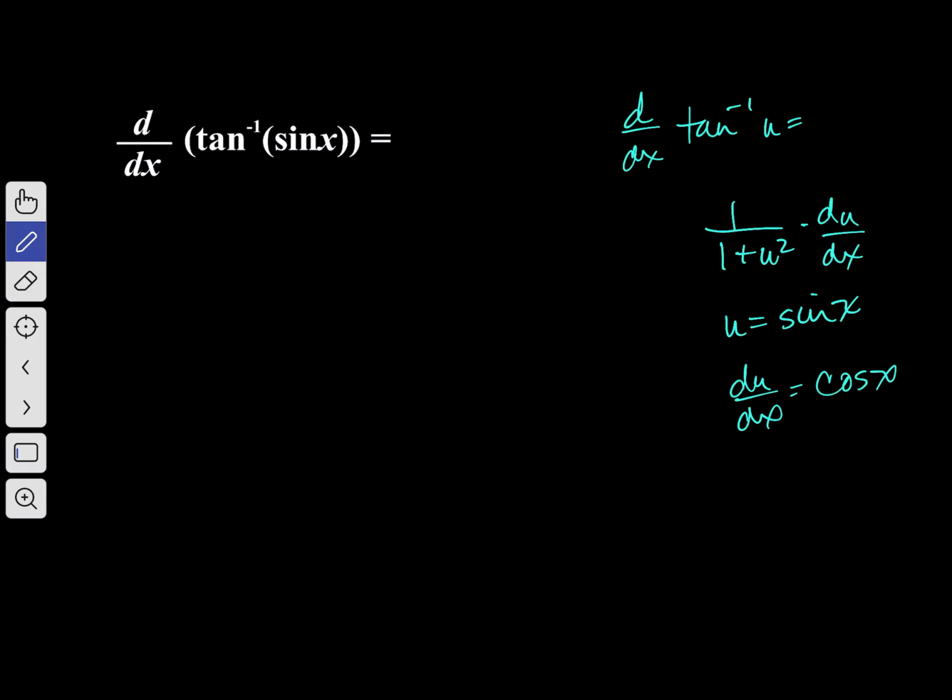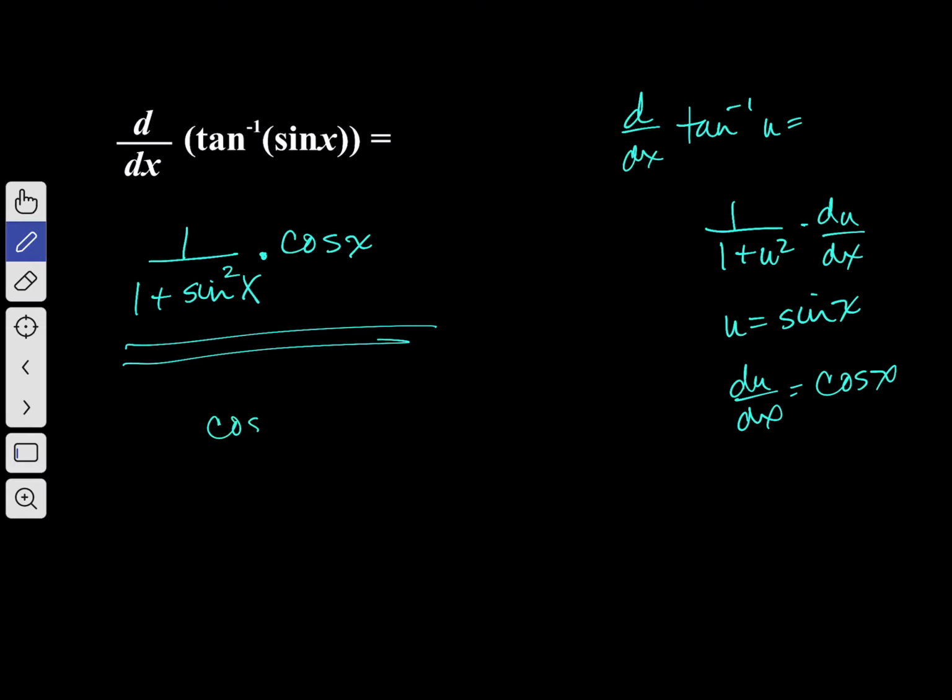So let's go ahead and write this: 1 over 1 plus u squared times the derivative of u dx, which is cosine x. So it can be written like this, or if you want to put it together, we can write cosine x over 1 plus sine squared x. Either one of those is just fine.